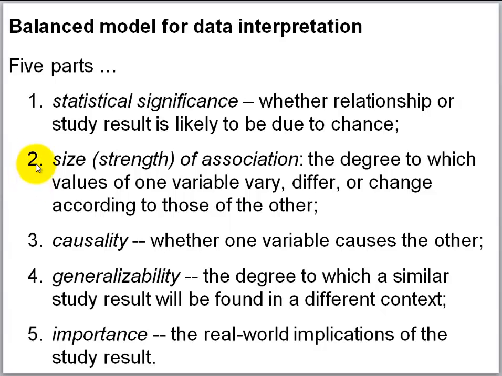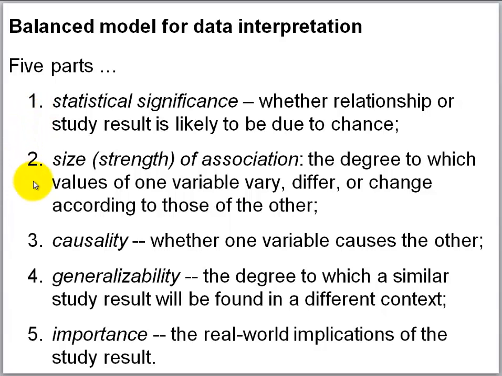I'll just make a couple of comments on what's driving some of the different parts of the model. So, a lot of statistical significance is whether the result is likely to be due to chance, and do recognize that issues of power come into play here, and recognize that you have a greater likelihood of obtaining a statistically significant result with a larger sample than with a smaller one.